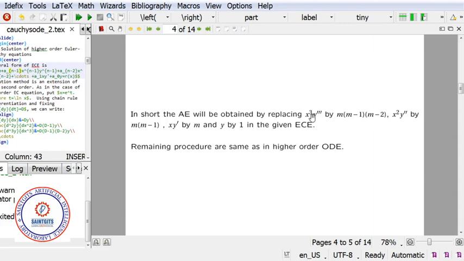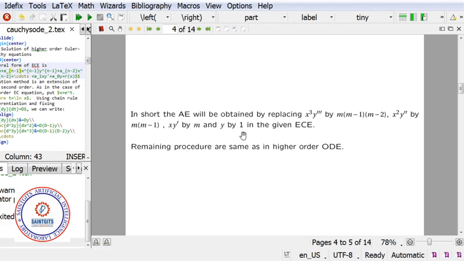Here we have x cube, so up to m minus 2 factor. Similarly, x square into y double dash is replaced by m into m minus 1, since the power is 2. x into y dash is replaced by m, and y is replaced by 1.